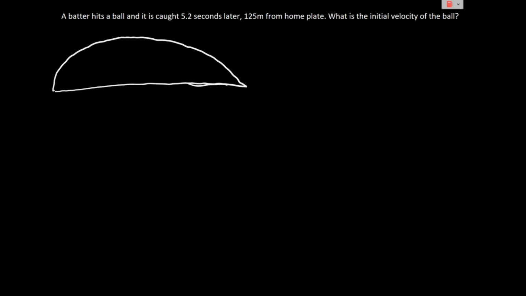So roughly here is our midpoint, and this whole distance is 125 meters. And in terms of time, this takes us 5.2 seconds. The question is asking, what is the velocity that it is initially launched at?